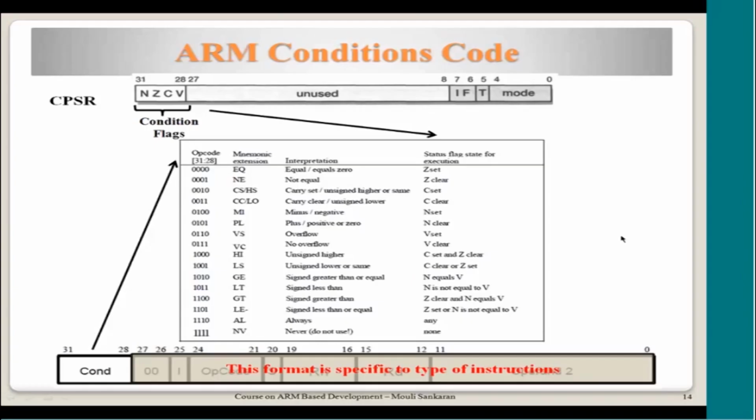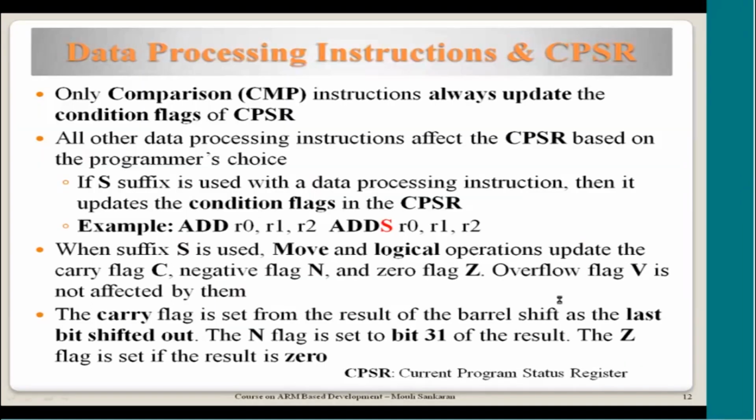So when you write add and the instruction does not have any of these mnemonics, the conditional bits in that instruction will be set to 1 1 1 0. I hope you understand that. In the earlier case, we showed that a yes indicates whether a particular instruction can impact the CPSR or not. We said every instruction can decide whether it can affect the values of the CPSR or not.